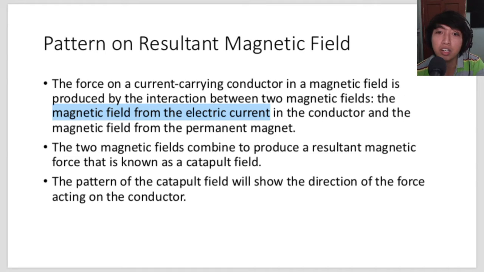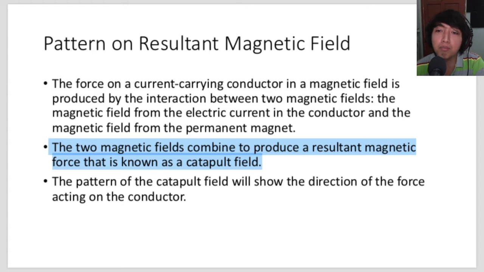You can control it by changing the amount of current. You can control it by changing the shape of the wire. All kinds of things that you can do to control. And this allows us to use electromagnetism in so many different ways, including most commonly by creating electric motors.